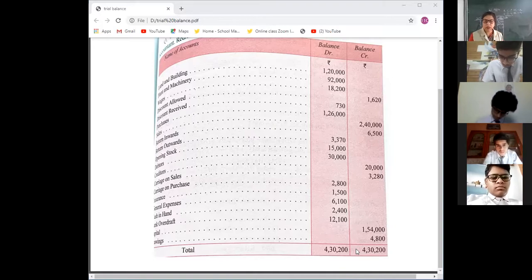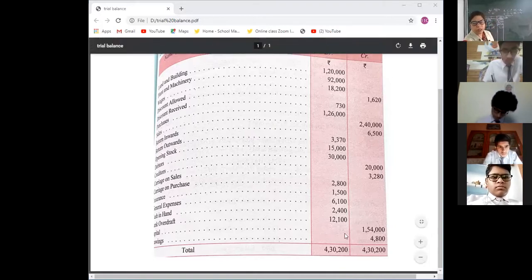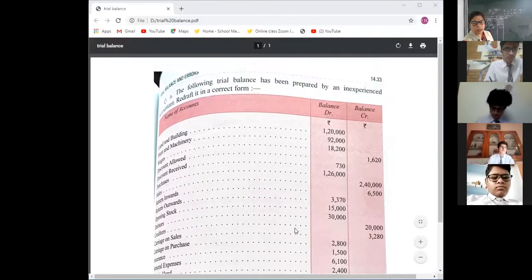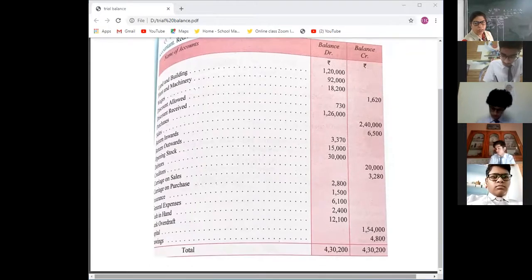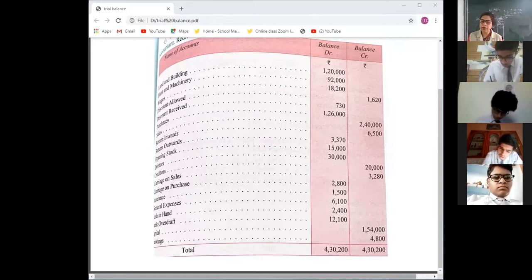So this question, it is clearly mentioned here that this question is prepared by an inexperienced accountant. Redraft it. Redraft means put them on the correct side. There are always two sides in trial balance.